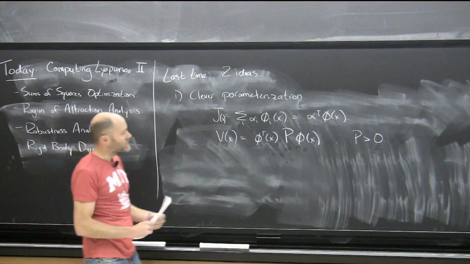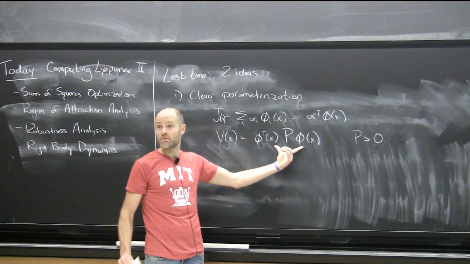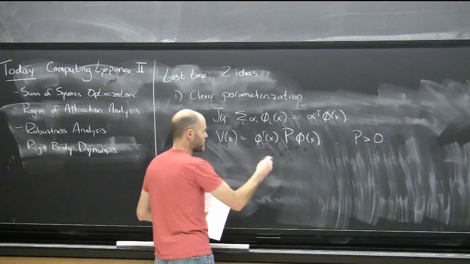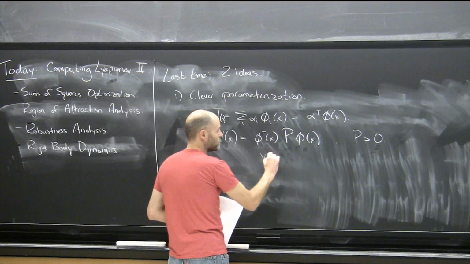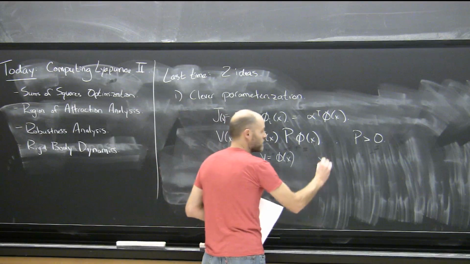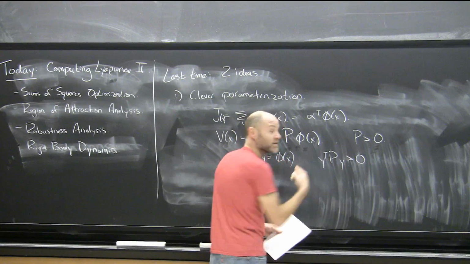And do you understand that this can only produce positive numbers or zero? If I just write y equals phi of x, then this is the definition of a positive definite matrix, that these are always greater than zero.